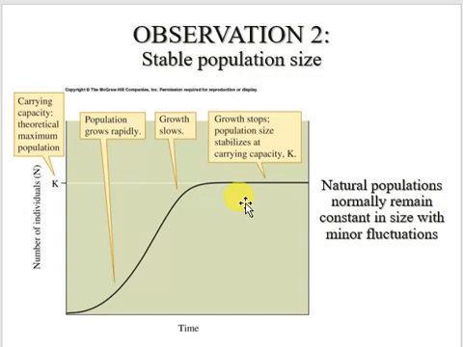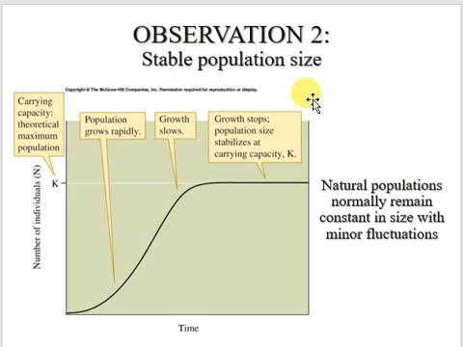Those factors include things like competition for food, predation and disease. So all of this, the stable population size, served as the second observation, so observation 2.